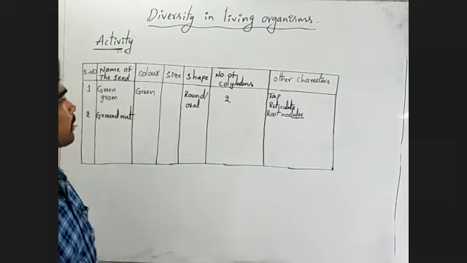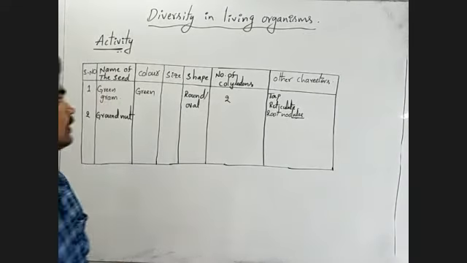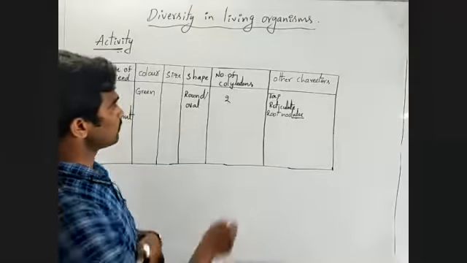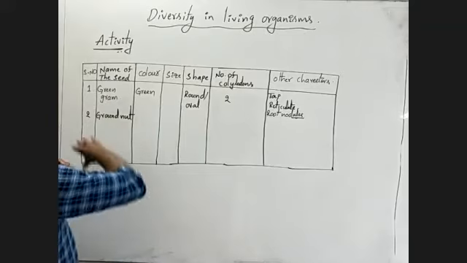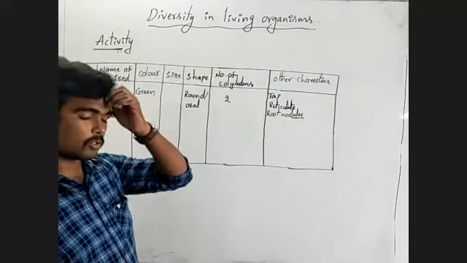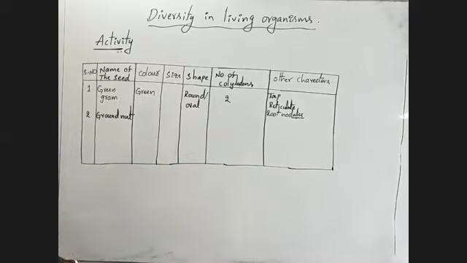Based on the number of cotyledons, we can separate all the seeds into two: taproot system and fibrous root system.